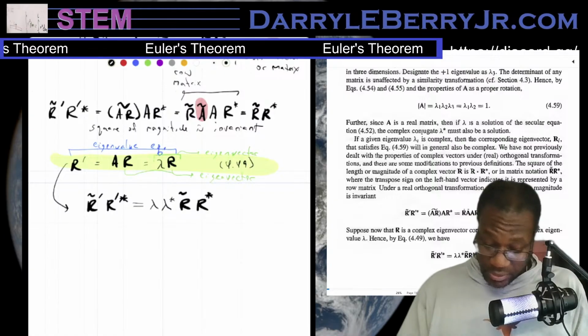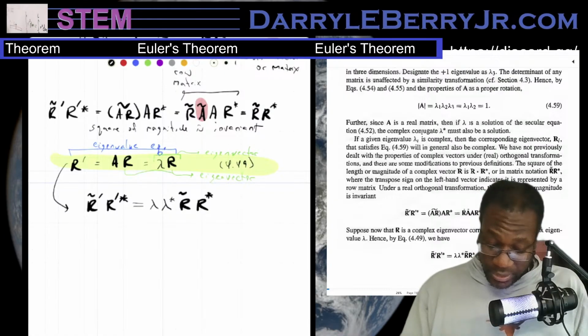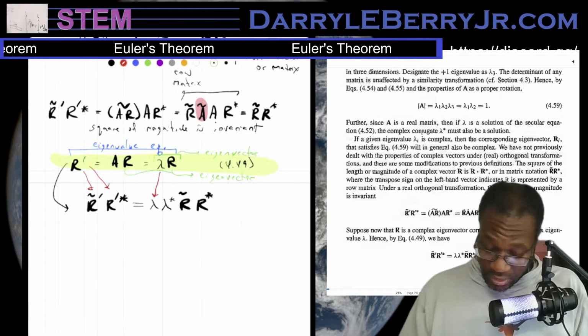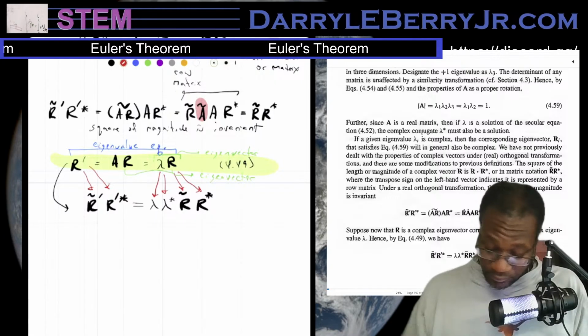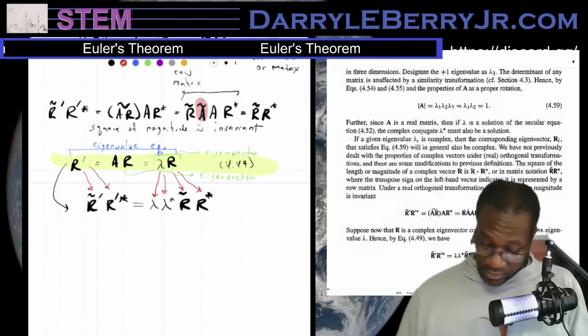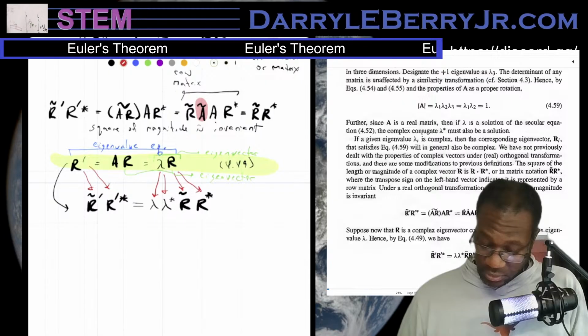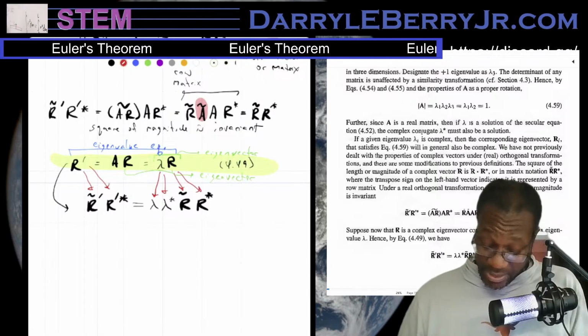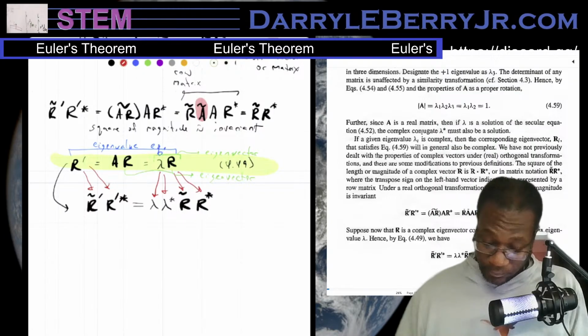This is because, looking at the correlation, we have R prime on this side, and R with no prime with lambdas on this side. So this is just twice the same thing multiplied by each other, with both sides being a transpose and complex conjugate.